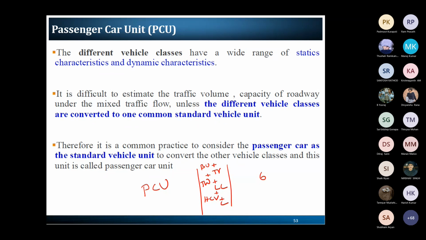Can we say 6? Will it replicate the exact occupation that happens on the road? No, because each vehicle has a different structure, dimensions, characteristics, even the driver behavior changes. So it is a kind of X, Y, Z. So we cannot add it.